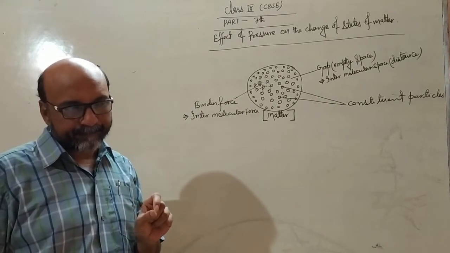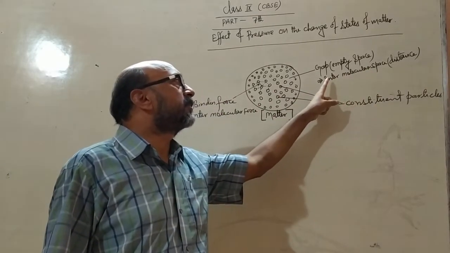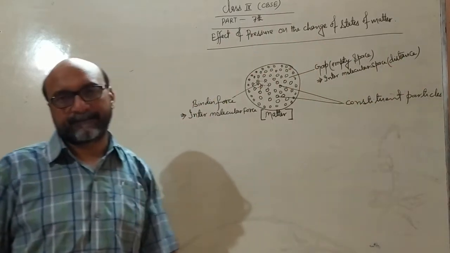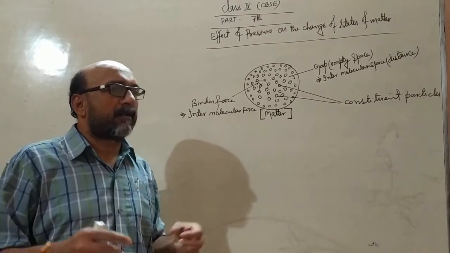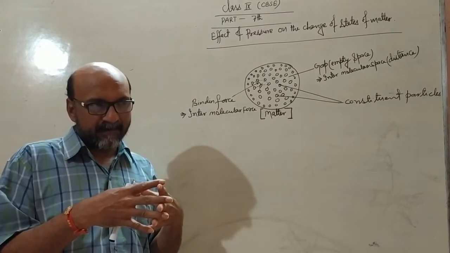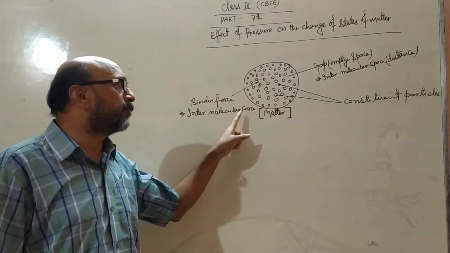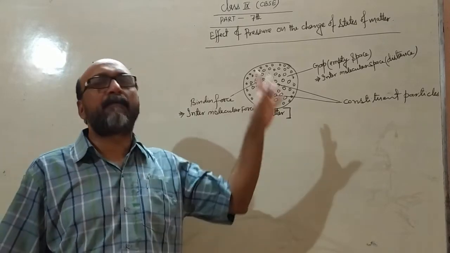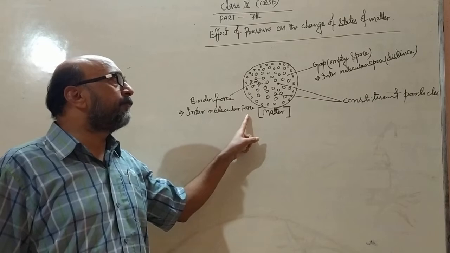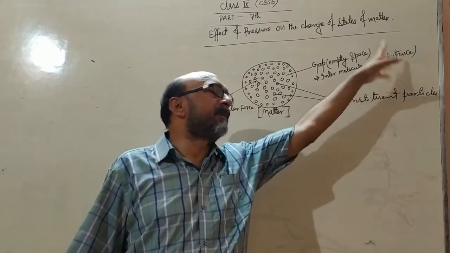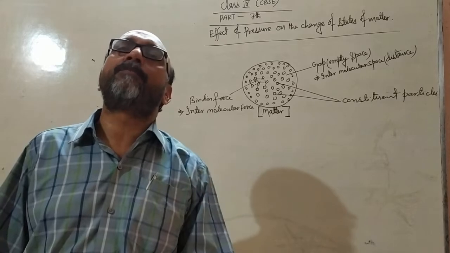That space is called intermolecular space or intermolecular distance. And the constituent particles of matter are held together by a kind of force. That force is called intermolecular force or interparticle force. The values of interparticle force and intermolecular distance are different in different states of matter.